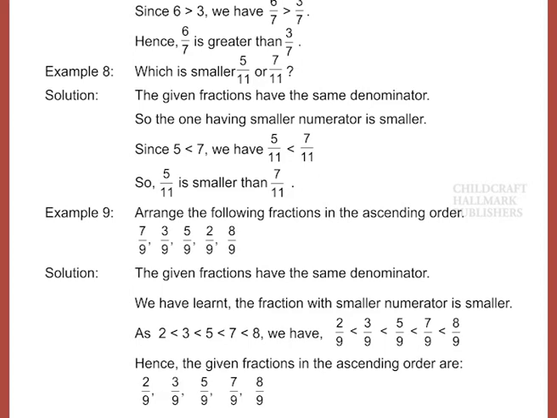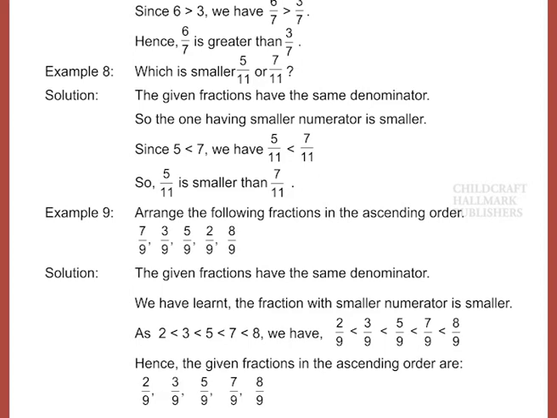Example 9. Arrange the following fractions in the ascending order: 7 by 9, 3 by 9, 5 by 9, 2 by 9, 8 by 9. Solution. The given fractions have the same denominator. We have learned the fraction with smaller numerator is smaller.